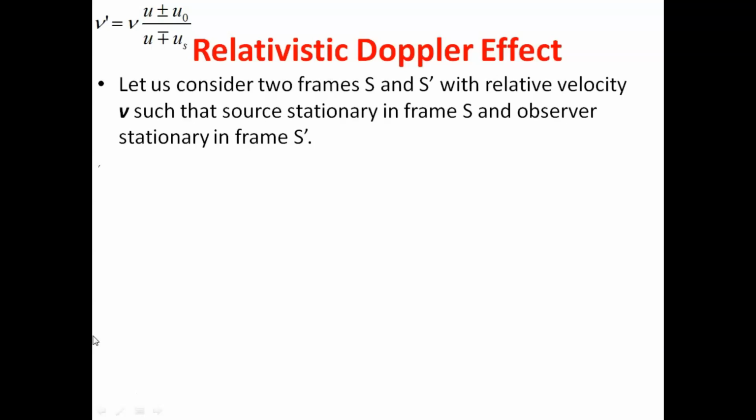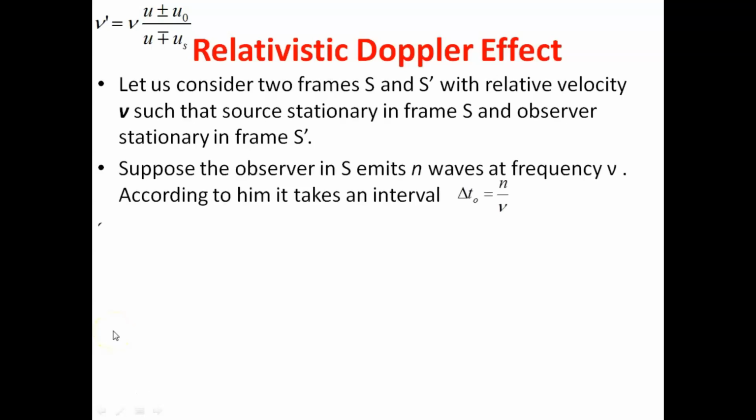In the notations, I'm using bold V to indicate velocity, and nu should not conflict with that. Suppose the source in S emits n waves at frequency nu. According to him, it takes an interval delta t0 equal to n upon nu.